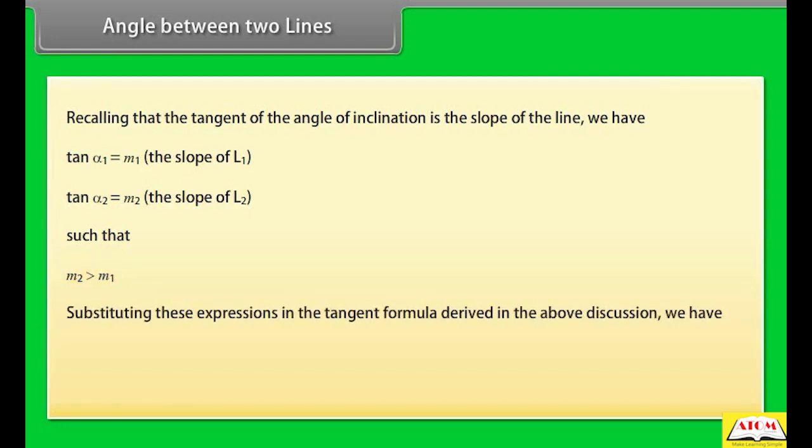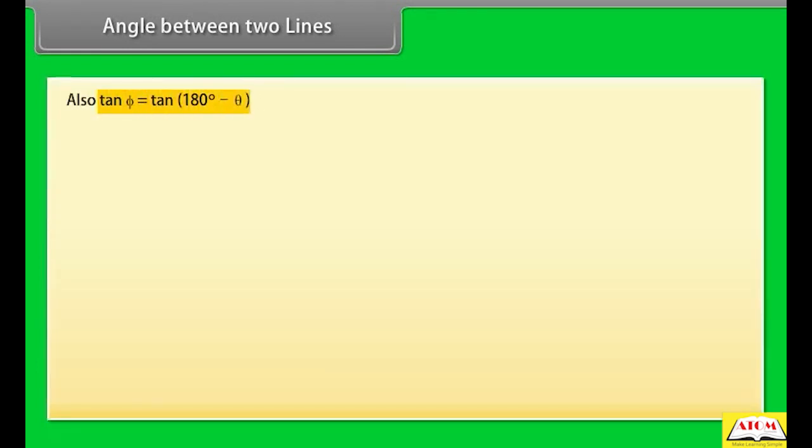Substituting these expressions in the tangent formula derived in the above discussion, we have tan phi is equal to (m2 minus m1) divided by (1 plus m1 into m2). Also, tan phi is equal to tan of (180 degrees minus theta), which is equal to minus tan theta, which is equal to minus of (m2 minus m1) divided by (1 plus m1 m2), as 1 plus m1 m2 is not equal to 0.